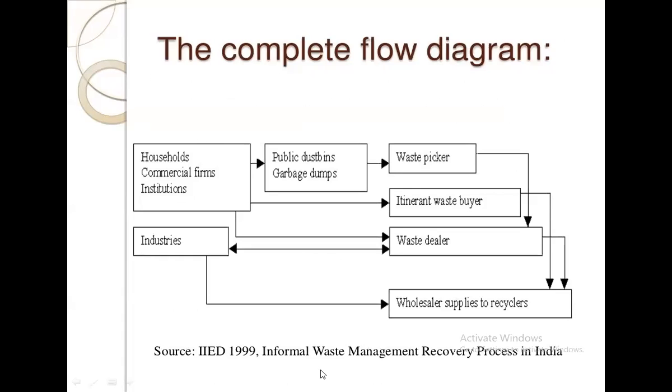So this flow diagram, informal waste management recovery process in India: household, commercial firms, institutions. The waste which is collected from these sources is wasted into public dustbins, garbage dumps, industries.